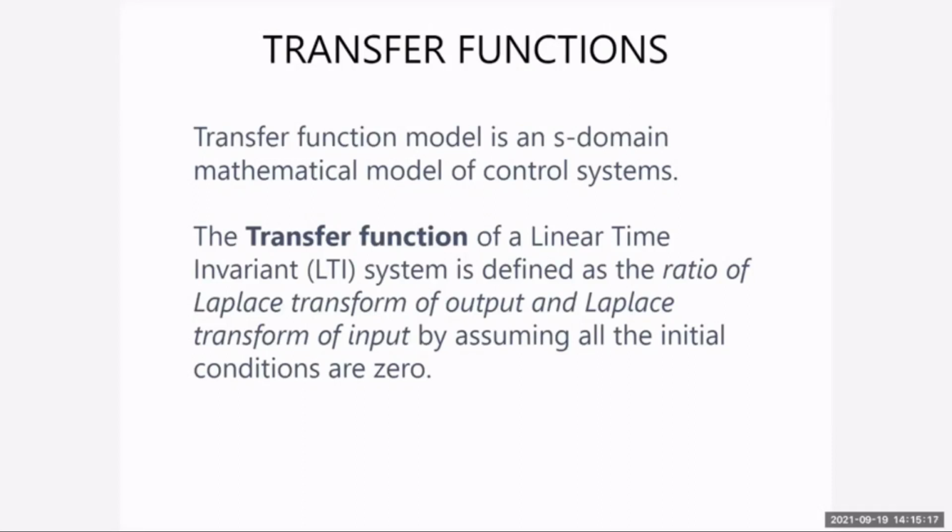Please do take note that the initial conditions should always be 0. This means that the system given to you has no disturbances, noises, and other factors that could affect your output. So we will assume that there are no noises and no existing disturbances.